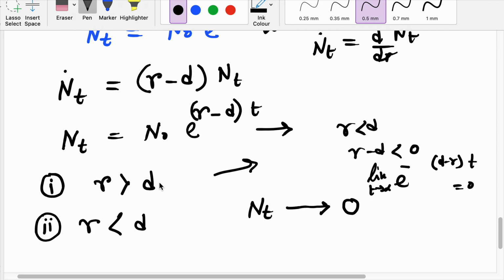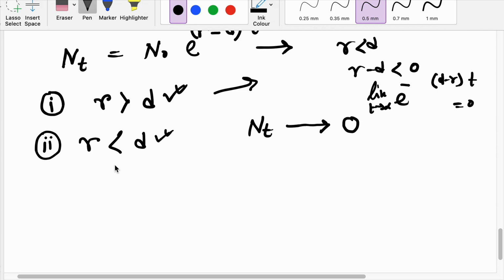So in this case the population will grow infinitely, and in this case the population will continuously go towards 0.